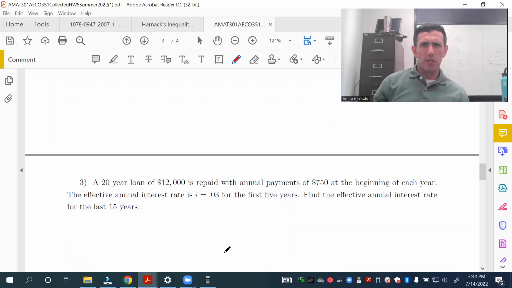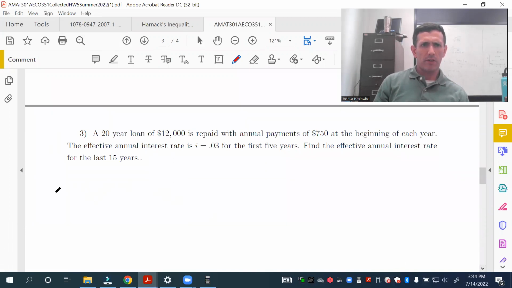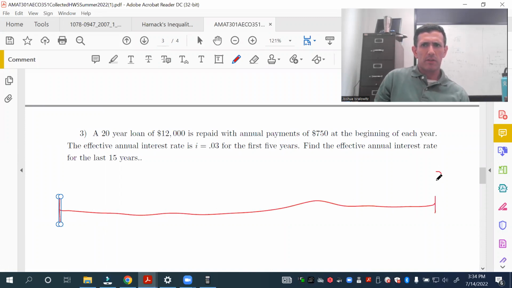All right, so I have an interest rate change at t equals 5. So I'll just draw the time diagram here. 1, 2, 5, 6. Everything is 750, and it's the beginning of each year, so we're dealing with annuity dues.